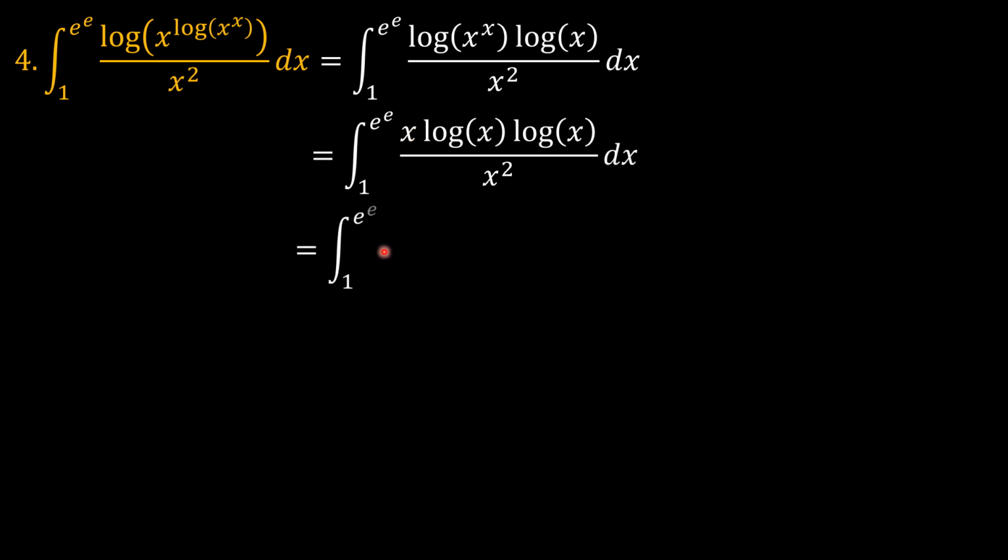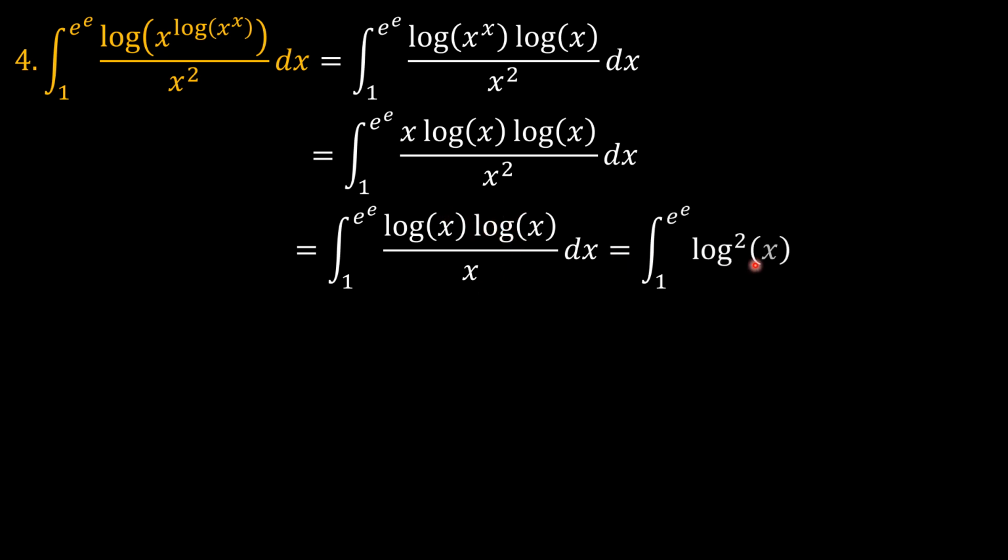And so this x and the x squared in the denominator reduce each other. So we have the integral from x equals 1 to x equals e to the power e of the square of log of x over x, which is the same as the square of log of x times the derivative of the log of x. This 1 over x here becomes the derivative of natural logarithm of x.